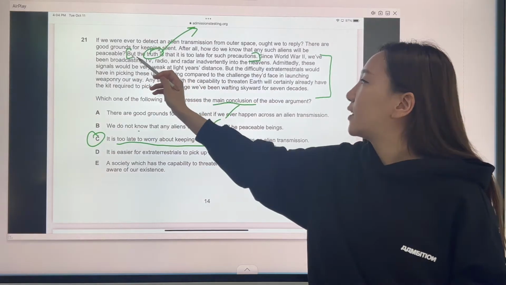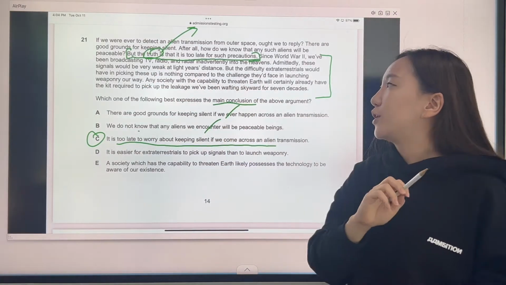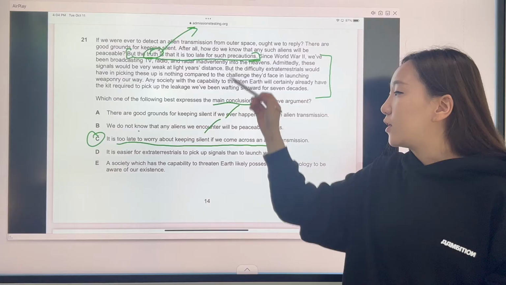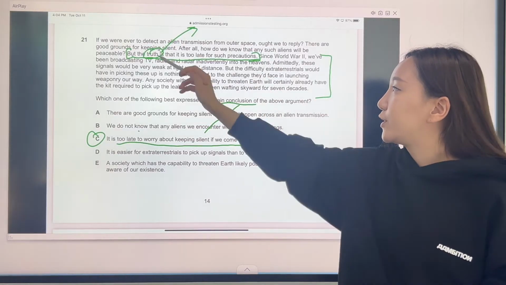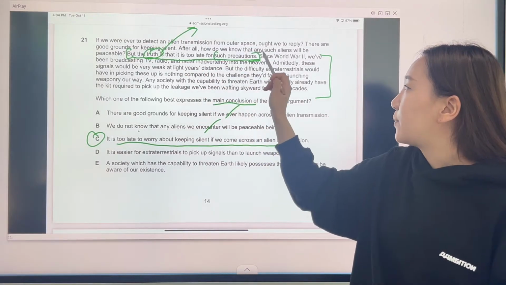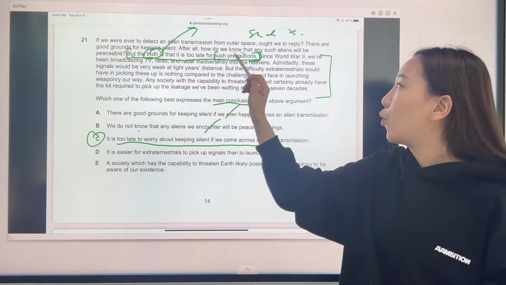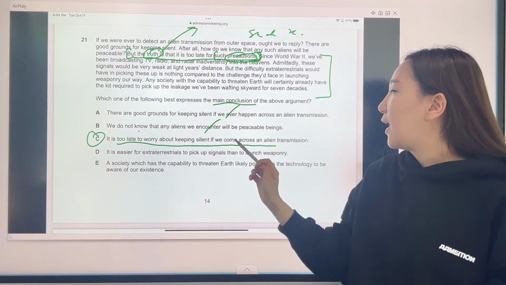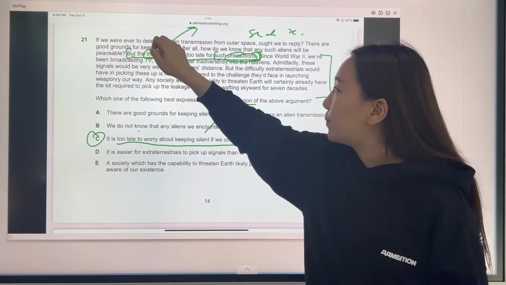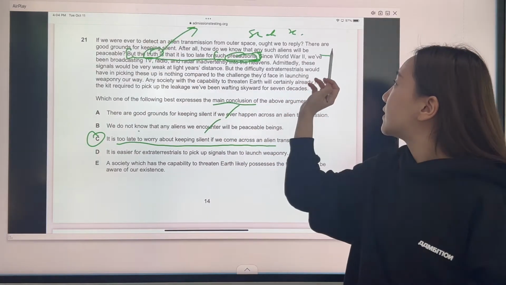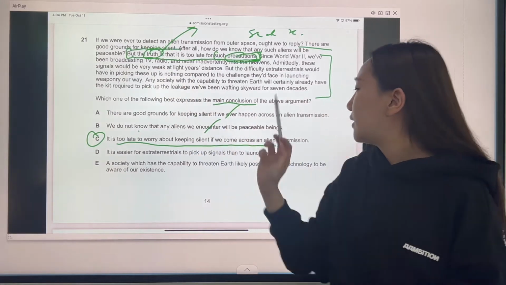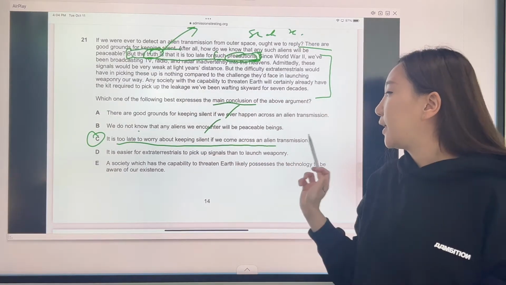In this particular sentence, unlike the other ones we've seen, it's not a direct copy of it, because it's got this part here. Whenever you've got such X, you've got to refer back to what these precautions are, and those precautions would be the part before, which is grounds for keeping silent.